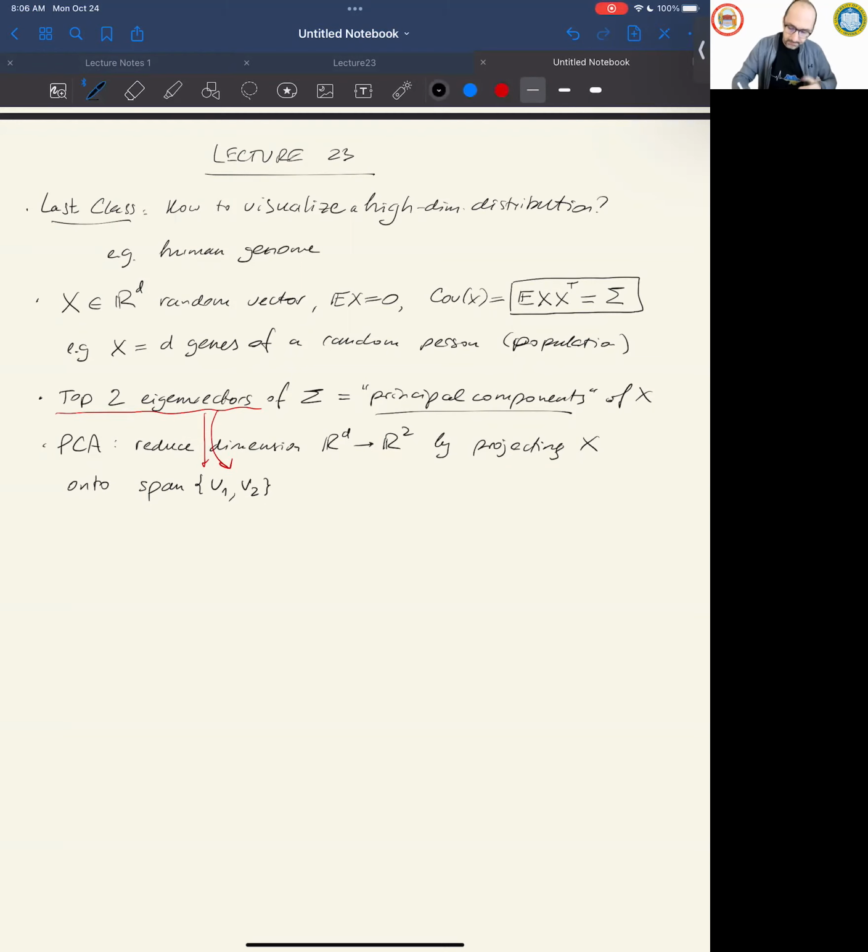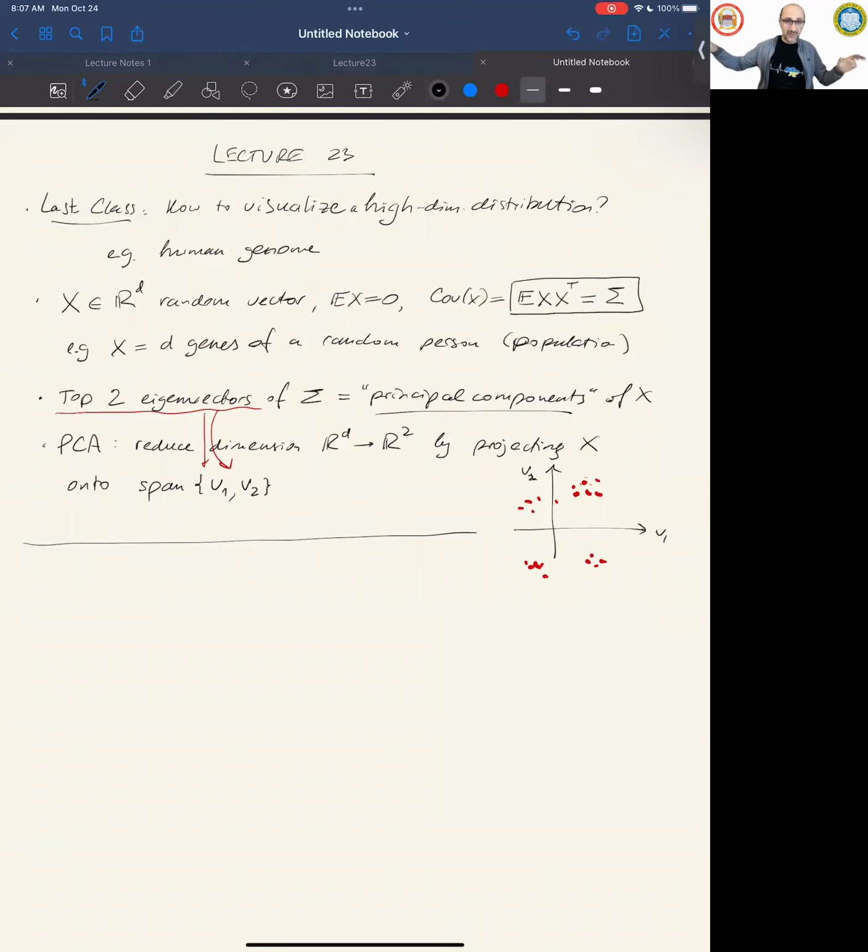And we've seen these beautiful pictures. We saw them last time too, where we have this data and it kind of nicely clusters, hopefully, when it is projected onto the span of v1 and v2. Why do we do this? By projecting onto v1, the direction of v1 is the direction in which the distribution is the longest, the most spread.